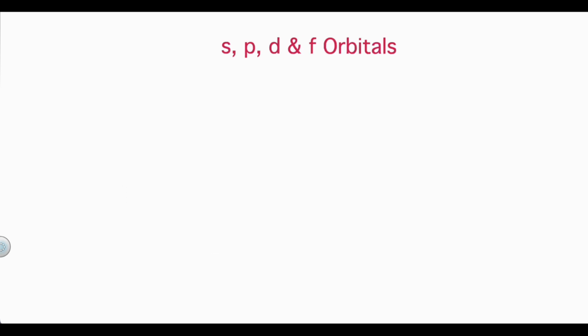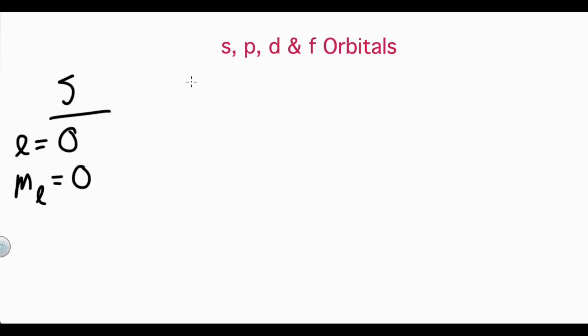I'm just going to sum up what I previously stated. For the s orbital, because L equals 0, ML can only be 0. There can only be one value for ML.